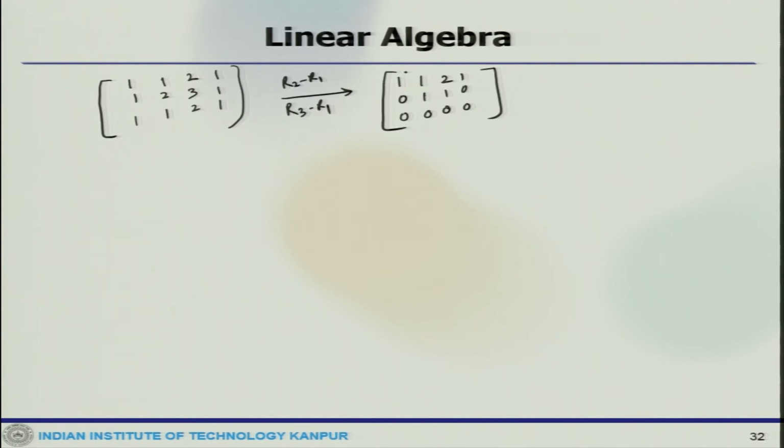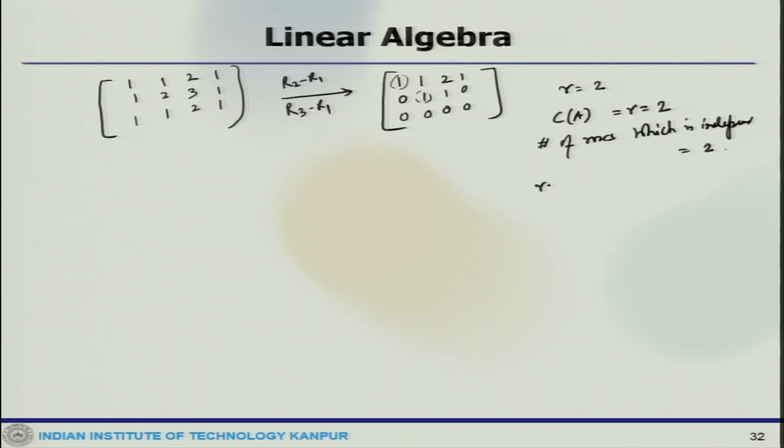So, there are pivots here. So, r would be 2 because there are 2 pivot variables. So, the dimension of the column space would be the rank, and that would be 2, and the number of rows which are independent equals 2.